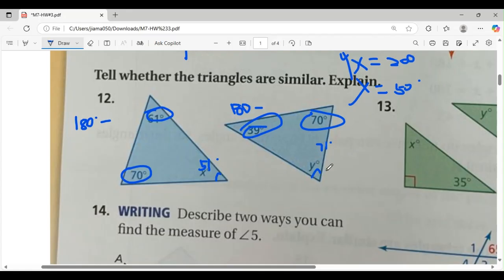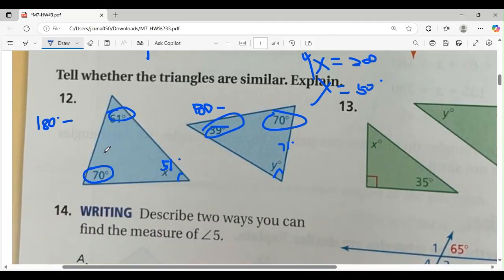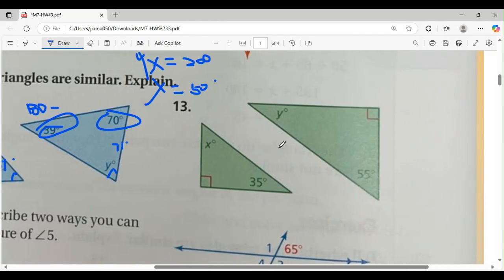So there is only 70, so there is only one angle that is the same. So which means the two triangles are not similar. Let's see next.